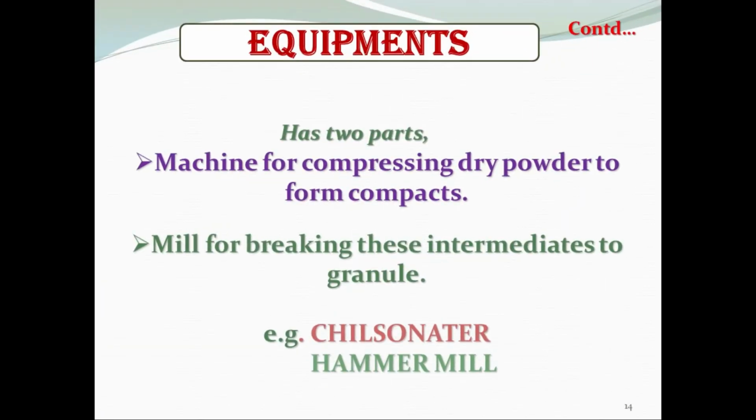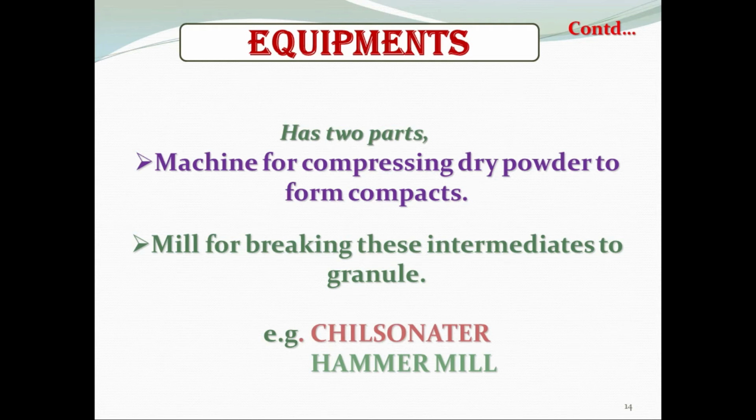Now next, the equipments. These equipments have two parts. The first part is a machine for compressing dry powder to form compacts, meaning the two oppositely rotating rollers.